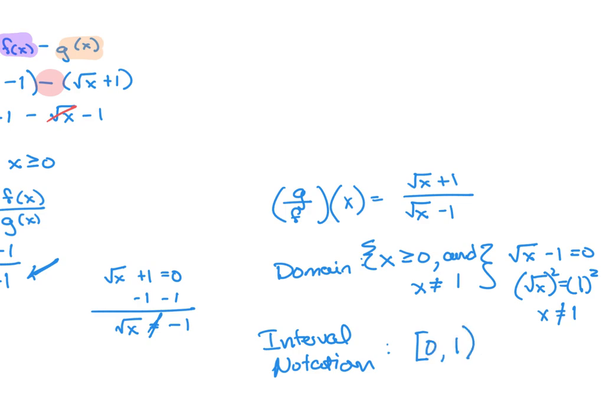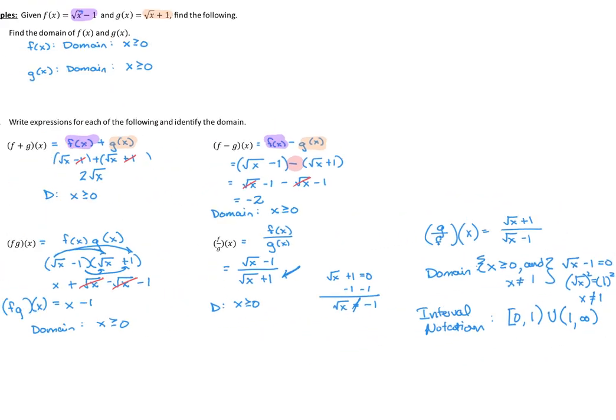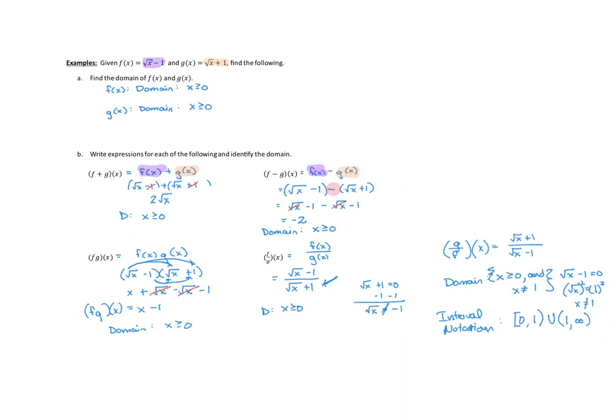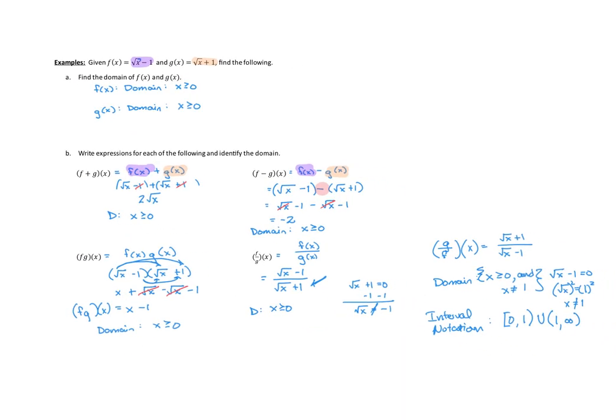We're going to go to 1, but remember we can't equal 1. We're going to take a tiny step over 1 and then continue on to positive infinity. I don't know if I have any of those problems in the homework, but just in case they do show up, you'll know what needs to be done in that case.